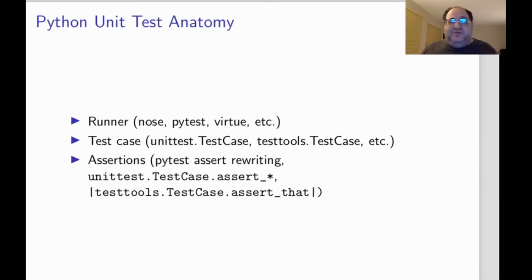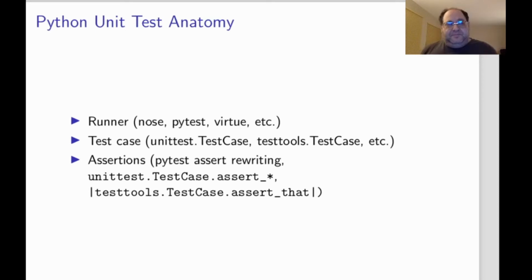There are many ways to assert, depending on exactly how you write your unit tests. For example, PyTest uses assert rewriting. So when it sees the assert statement, it rewrites the bytecode to produce bytecode that will actually give you useful data about the assertion. Unit test case has assert underscore a whole bunch of things, like assert equals, assert greater than, assert contains, a whole bunch of stuff.